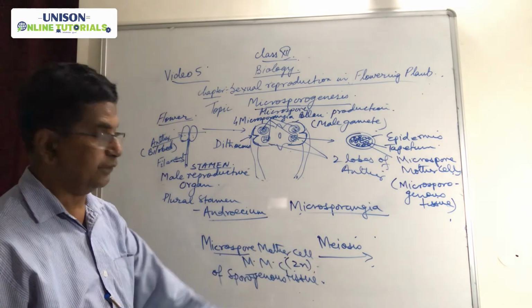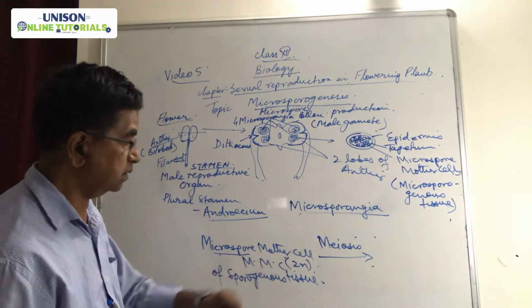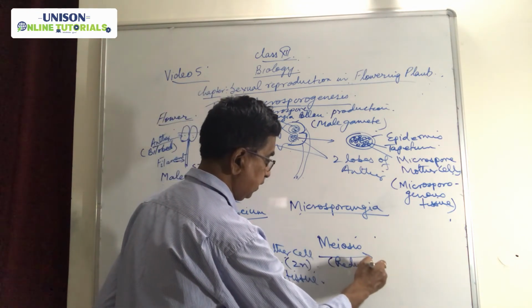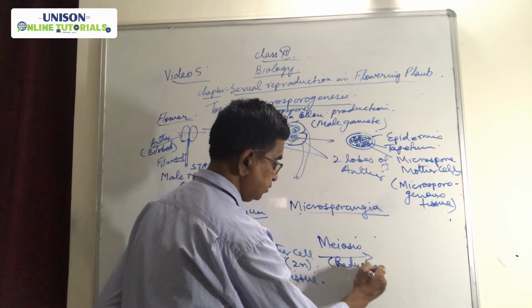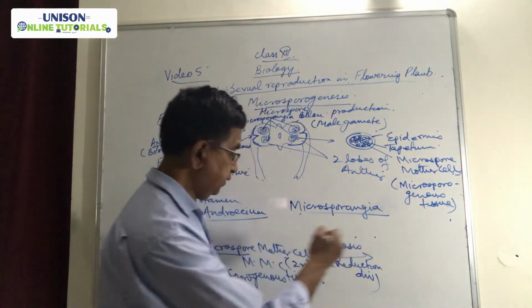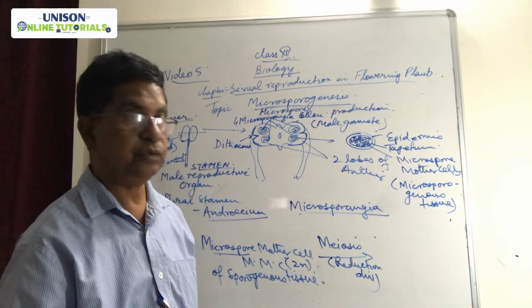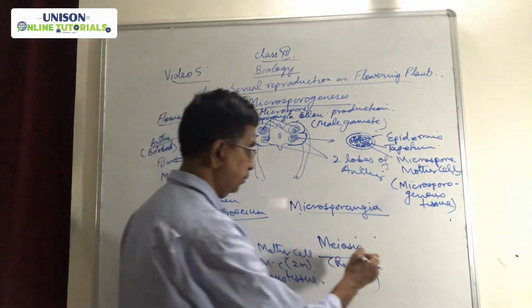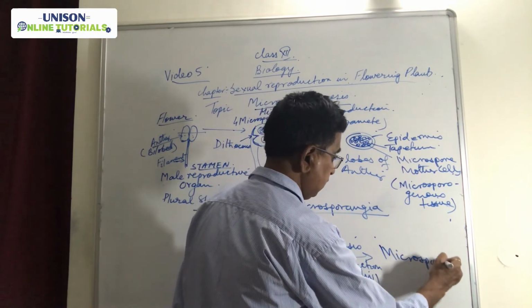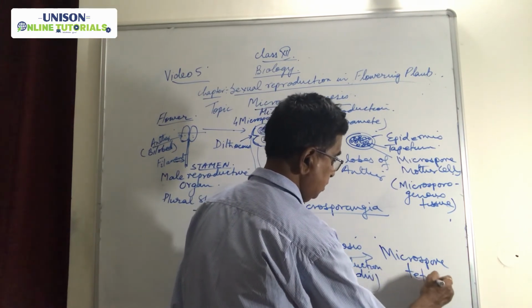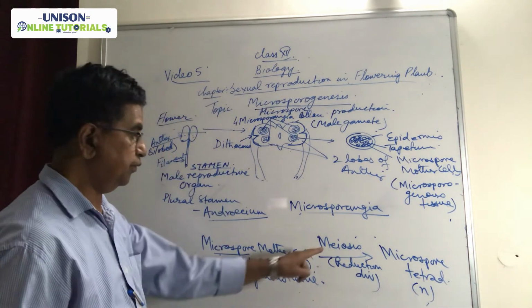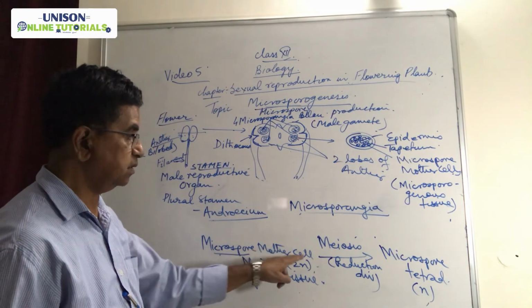Now when these microspore mother cells undergo meiosis, meiosis is a type of reduction division. Meiosis is a reduction division in which the number of chromosomes is reduced to half, and then it forms the microspore tetrad. In the microspore tetrad, the number of chromosomes is n, because meiosis takes place in the microspore mother cell.